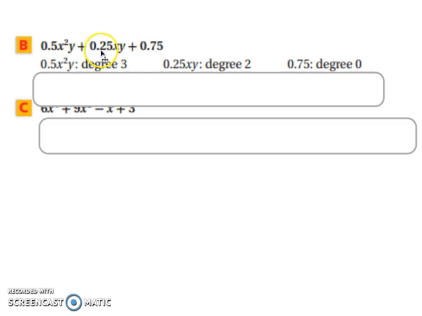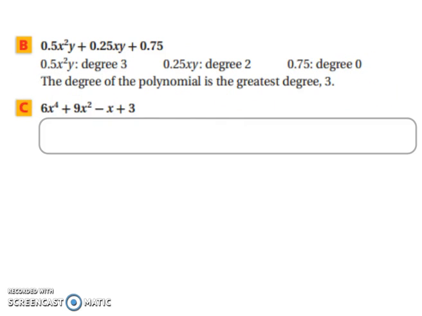The degree of 0.25xy is 2, because you have x to the first, y to the first. And then this is a constant. There are no variables next to it, so it has a degree of 0. To decide what degree the polynomial is, you take the biggest one. The biggest one is 3. So the polynomial has a degree of 3.